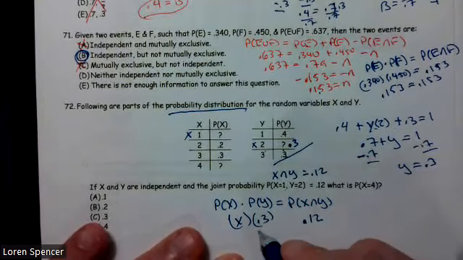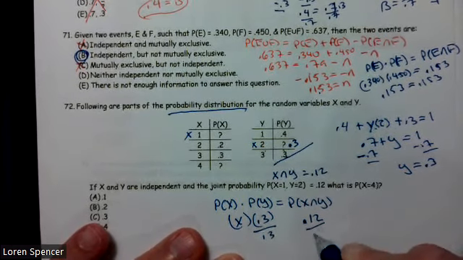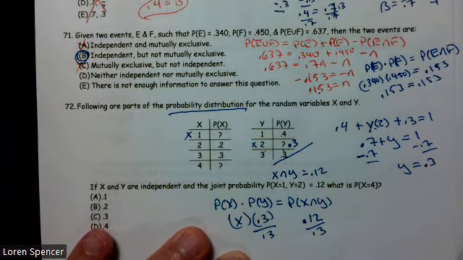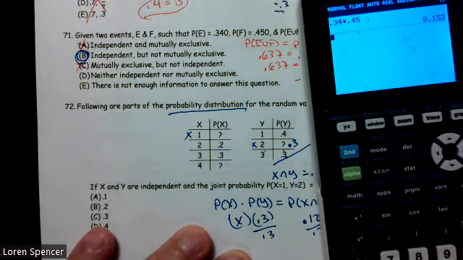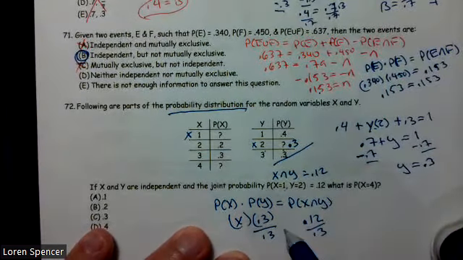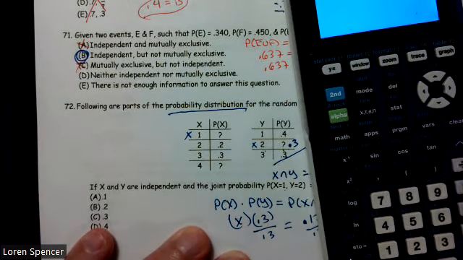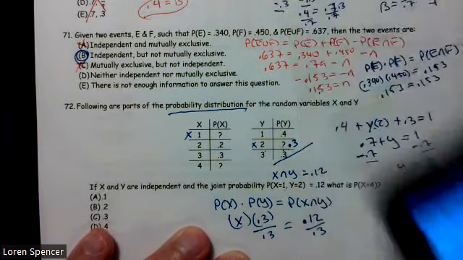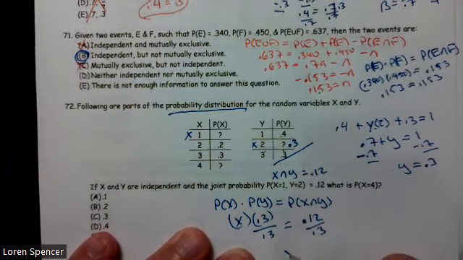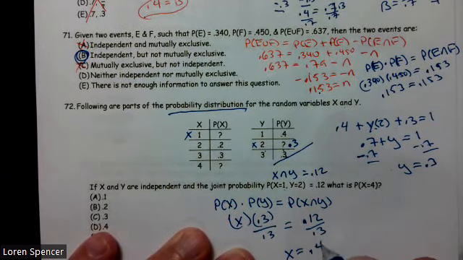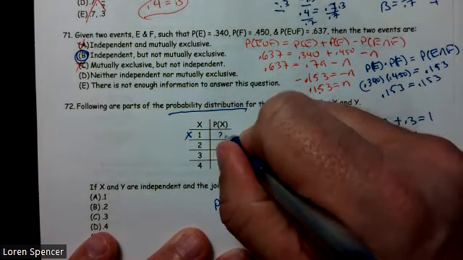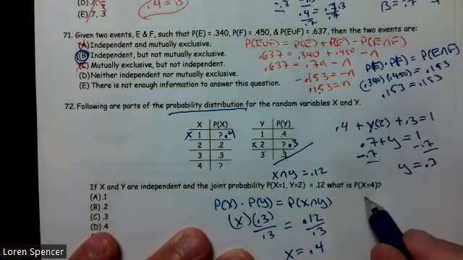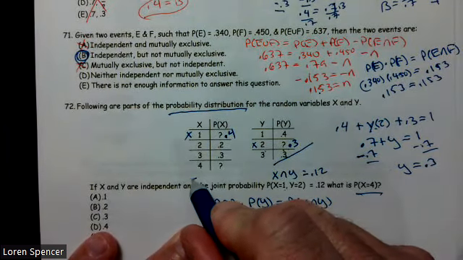If I divide both sides by 0.3, I should be able to get x. 0.12 divided by 0.3 is going to be 0.4. So this value, x equals 0.4. But they wanted this one, so I need to figure this out.